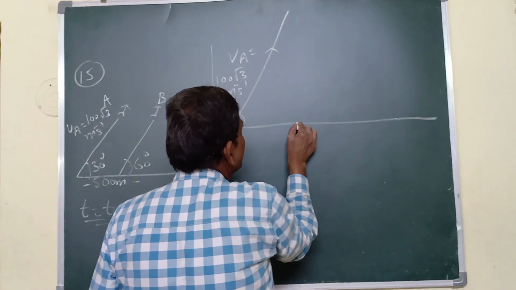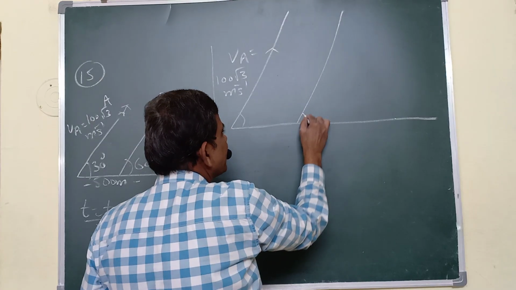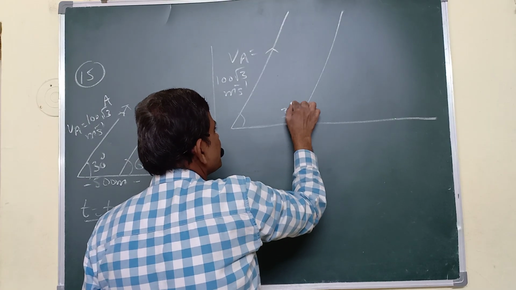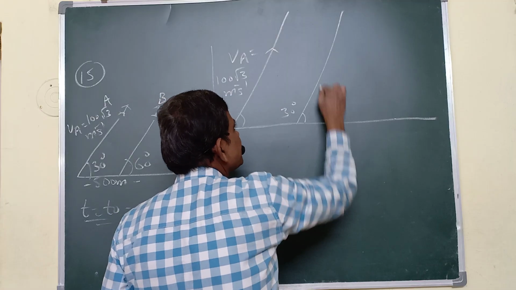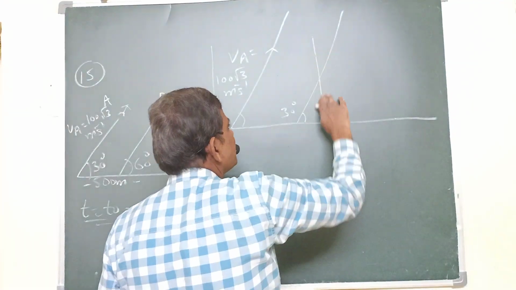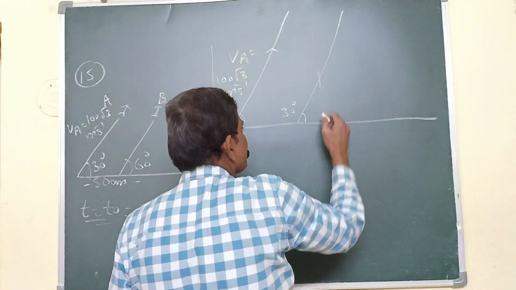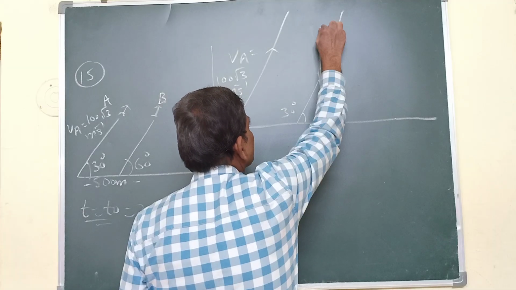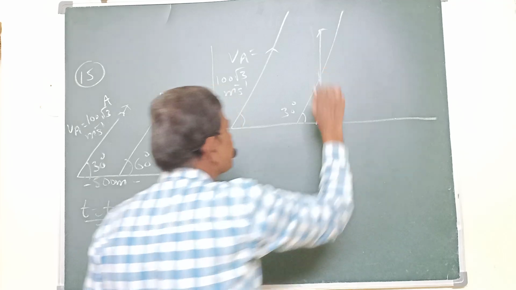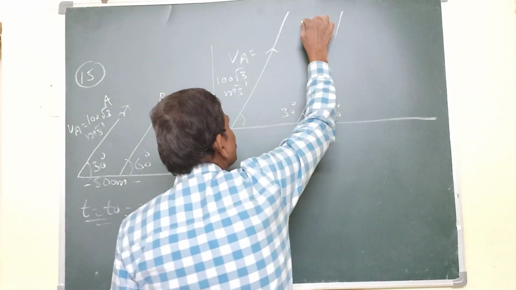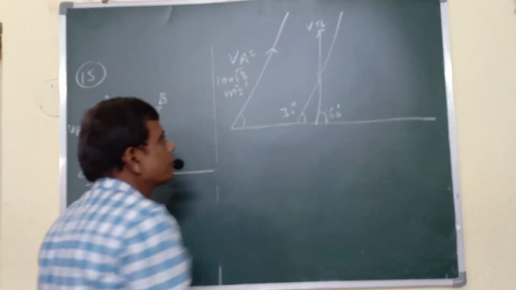This line is at 30 degrees. Here the plane is moving by making 60 degrees. So how much is this? This is 60 degrees. This is the B plane, and this is the velocity of the B plane.